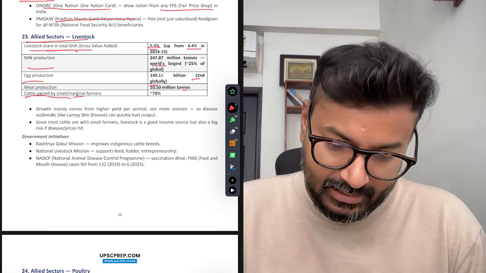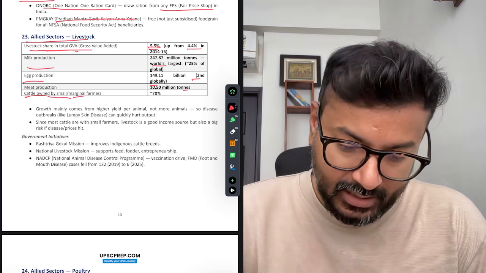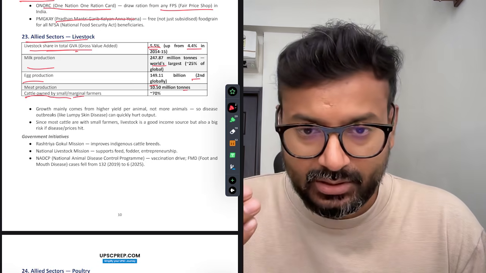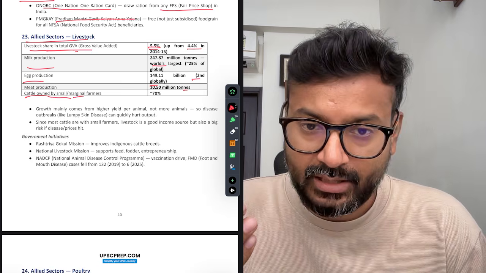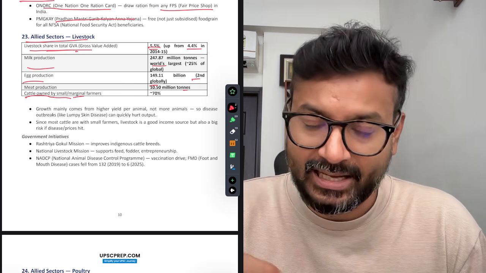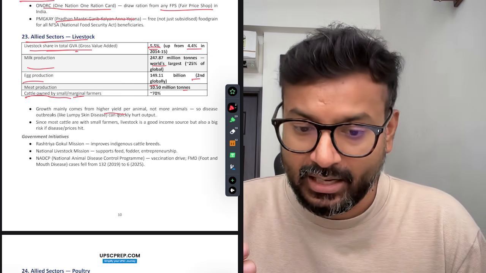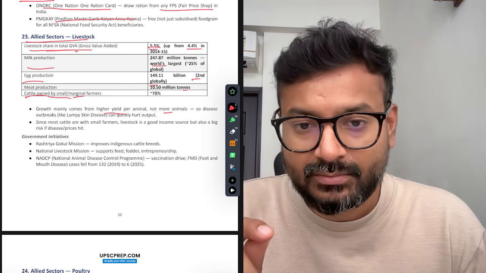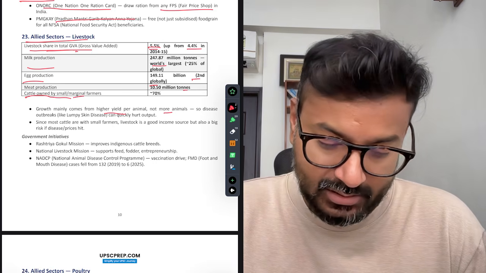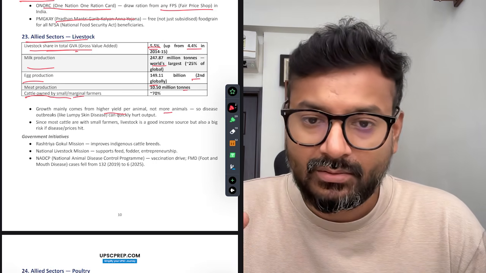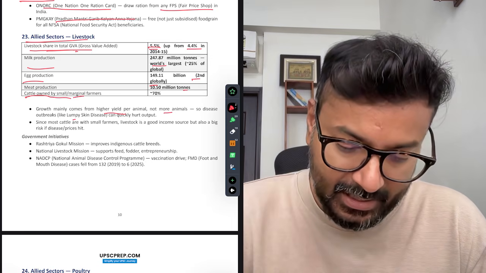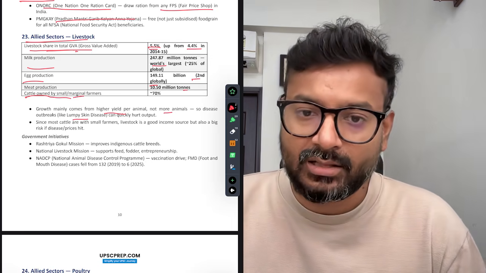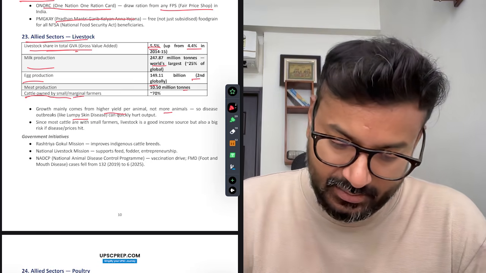Now, the analysis is that most of the growth in the livestock or the allied sector comes from high yield animals, so animals who produce more milk, and not just by having more animals. Sometimes the outbreak of disease like lumpy skin disease can really hurt the output of these animals.